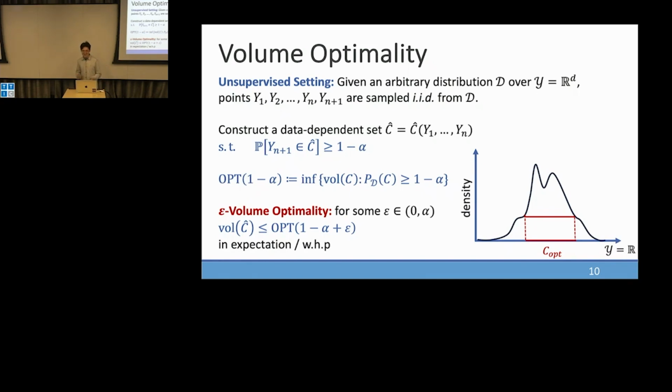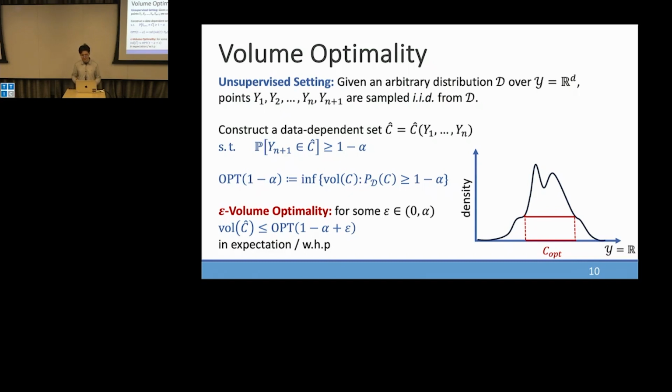However, there are other distributions, like discrete distributions or other hybrid forms. They may not have a density function, and in this case, we can still define the optimal solution, which is, over all sets that achieve the 1 minus alpha coverage we want, we take the infimum of the volume of those sets.